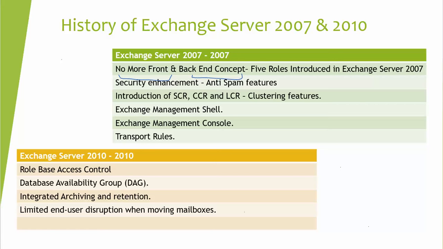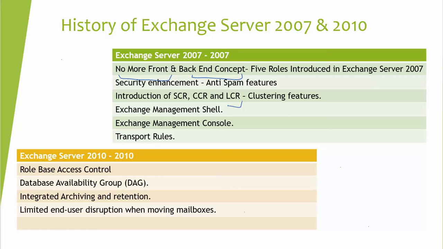And then the introduction of SCR, CCR and LCR clustering features. This was another thing that was added in Exchange Server 2007. LCR was a feature with Exchange Server 2007 Service Pack 1, where you were able to configure LCR between two servers, not databases.